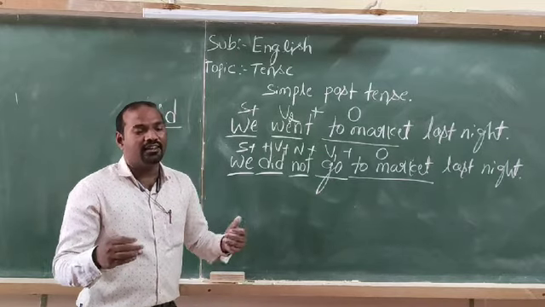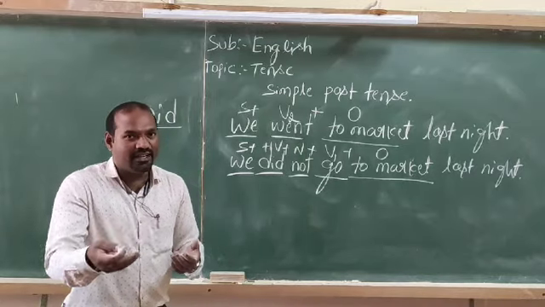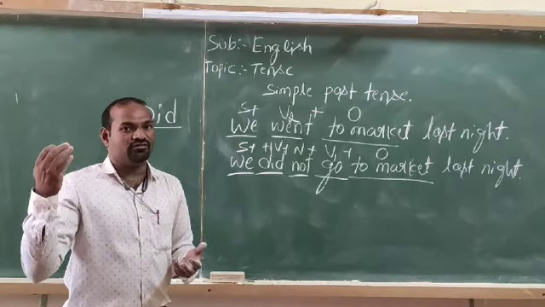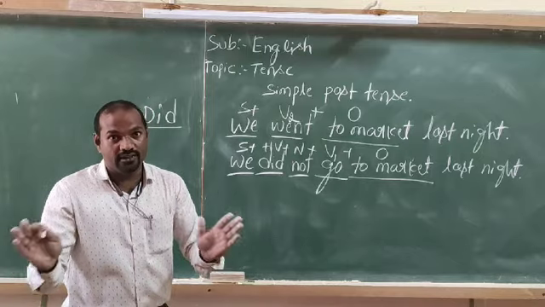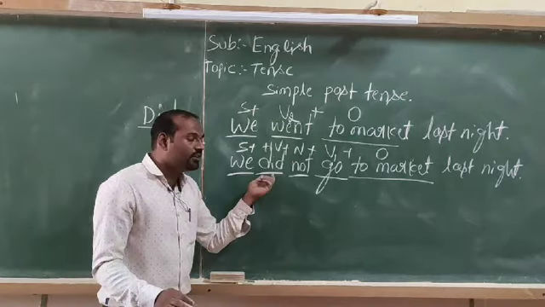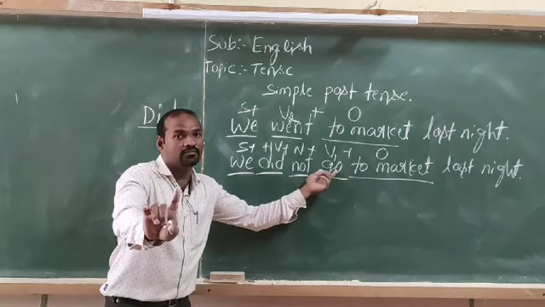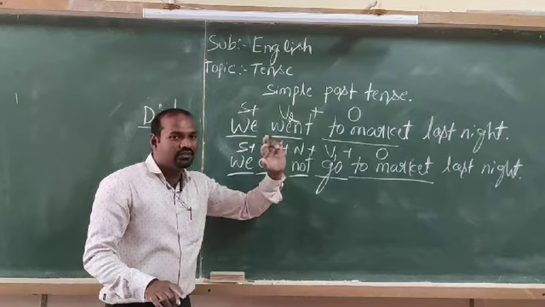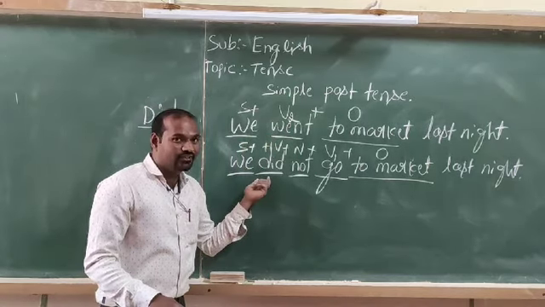Most of the students make a mistake here. When communicating with each other, they usually say, we didn't gone, we didn't came. That is totally wrong. After using did, you should use the verb in the first form. So that is why I gave two structures for the simple past tense, the positive structure and the negative structure.